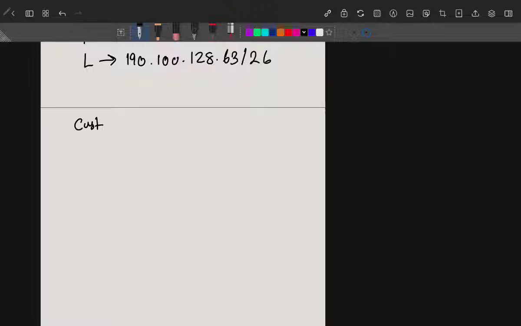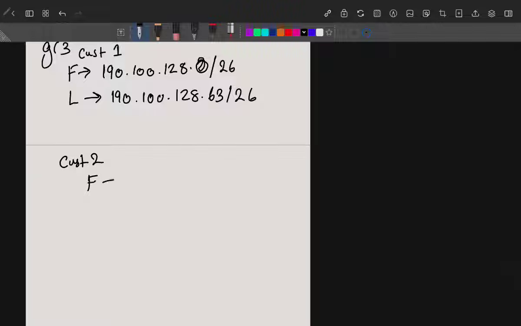Now, it's not necessary for you to have customer 2. I'm just doing this as rough work for you. You can have customer 2 within your exam paper, it's not necessary to put customer 2. You can immediately jump to customer 1 to 8. Again, I'm doing this to show the pattern of the addresses. 128.64/26.